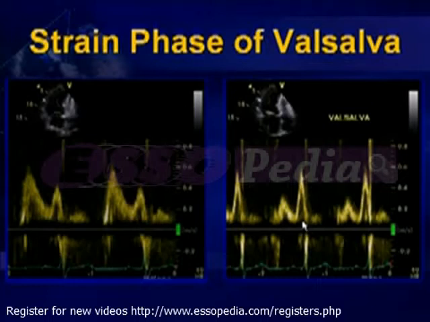And the answer is that with an adequate effort, in those without a truly restrictive LV filling pattern, you would expect to see a decrease in the E wave velocity by about 20 centimeters per second. With a normal mitral inflow, you would see both the E wave and the A wave velocity decrease proportionally, with therefore an unchanged E/A ratio.